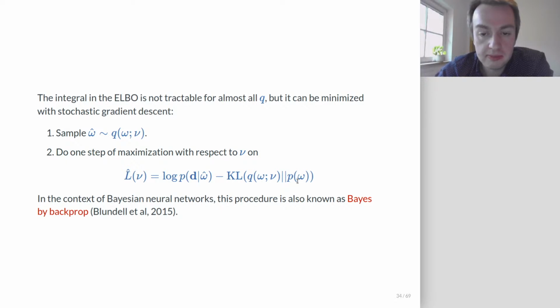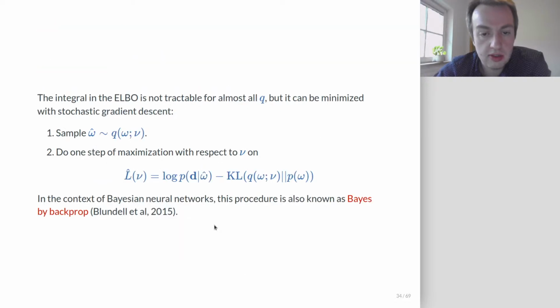And the KL, depending on the choice that we make for Q, is something we'll be able either to have analytically or to approximate numerically. In the context of Bayesian neural networks, this procedure, which is quite close to what we have seen for VAEs, is known as Bayes by backprop, due to Blundell in 2015.